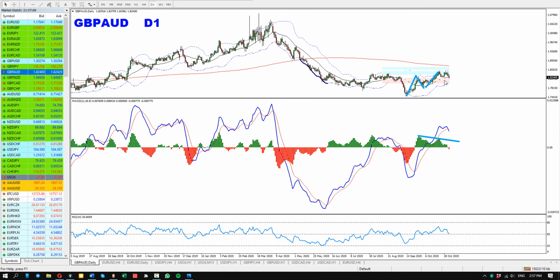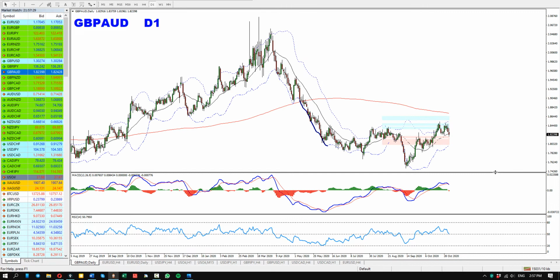What does that mean? The market managed to create, on this little rally since the middle of September, higher highs and higher lows, but the MACD made lower highs, meaning that it's not synchronized. The momentum is not really there.